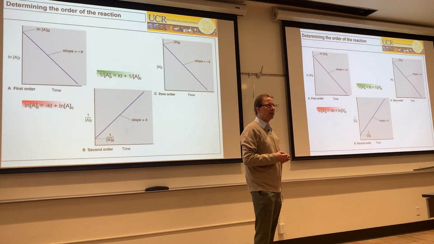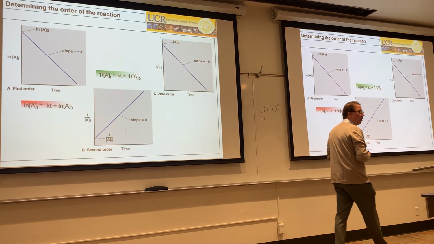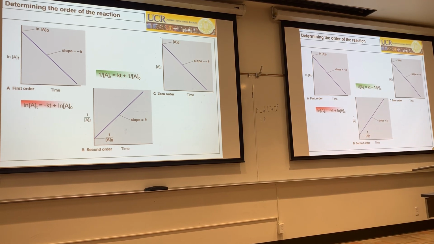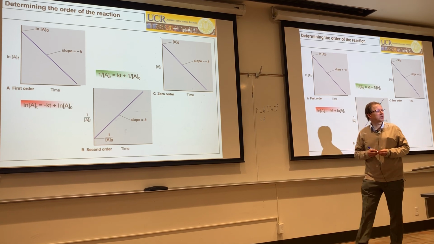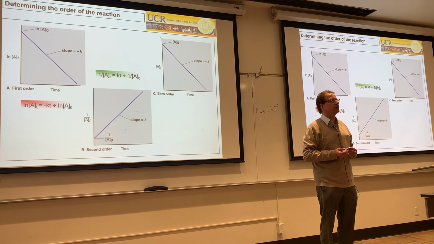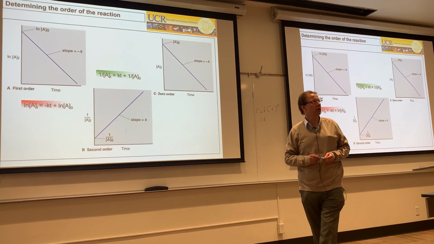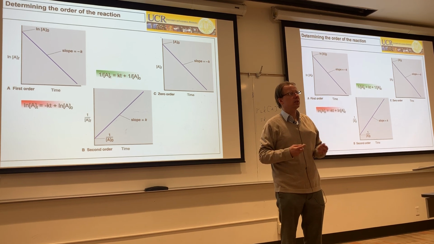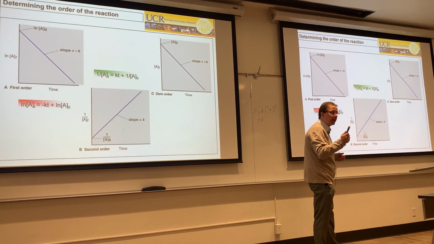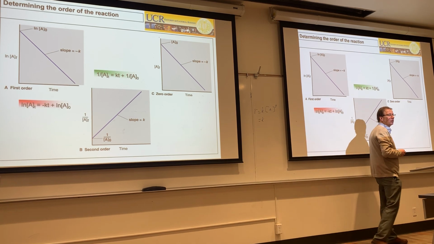But the rate at which that proceeds depends only on the amount of hydrochloric acid I have available, not on the amount of water, because water is a solvent and there's always 55 moles per liter of water there, no matter what you're doing, as long as you don't have exceedingly concentrated results. So it doesn't depend on the concentration of the water, because there's always so much water that it practically doesn't change. And again, you would observe a first order reaction, because it only depends on how much hydrochloric acid you put inside.